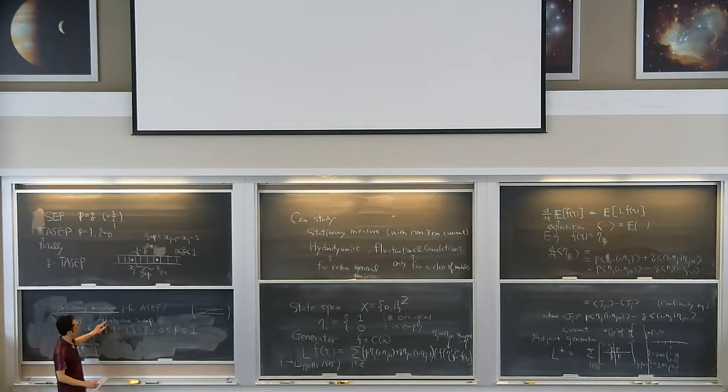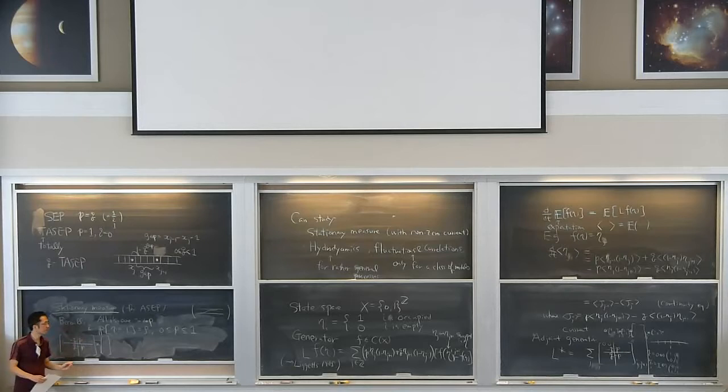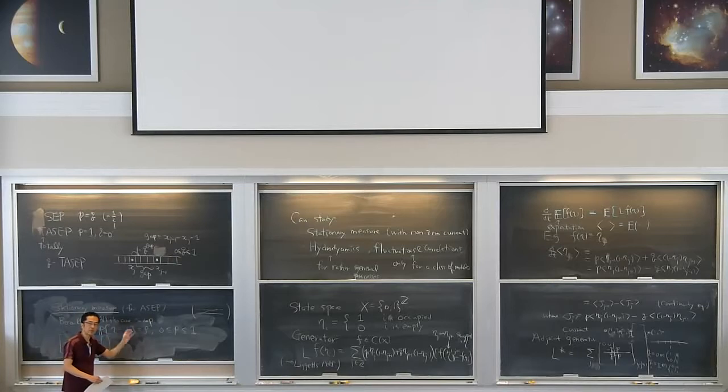Now we are considering product measure, independent at all sites. So we can focus only on the space related to sites j and j plus 1. And in this Bernoulli measure, sites j and j plus 1 are independent, and each site is occupied with a particle with probability rho. So the four-dimensional probability vector for these states is simply given by (1 minus rho) squared, rho times (1 minus rho), rho times (1 minus rho), rho squared.